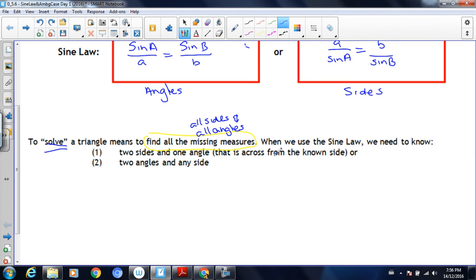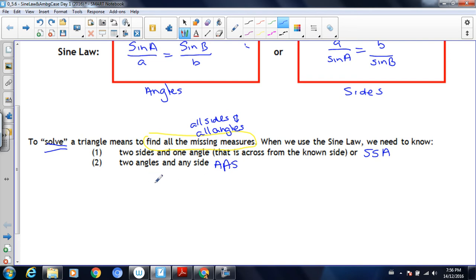Now, when we use the sine law, we need to know two things. Either you need to know two sides and one angle that is across from a known side, so we say side, side, angle, or two angles and any side, angle, angle, side.